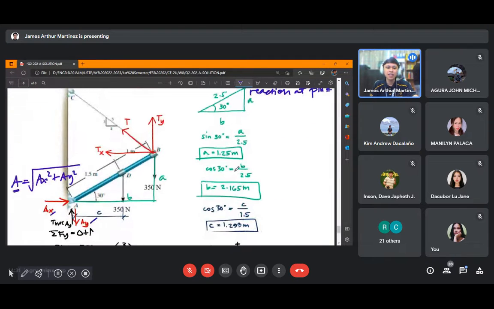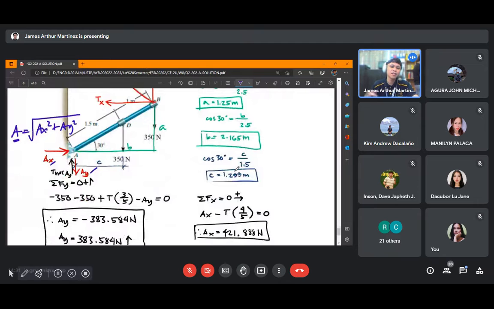So how do we determine Ax and Ay? First is Ay. Solving for Ay, the assumed direction of Ay is downward for the reaction. By applying the equation of equilibrium, summation of forces along the y-axis is equal to 0, having upward direction as positive.